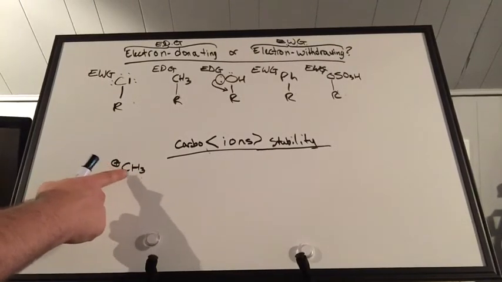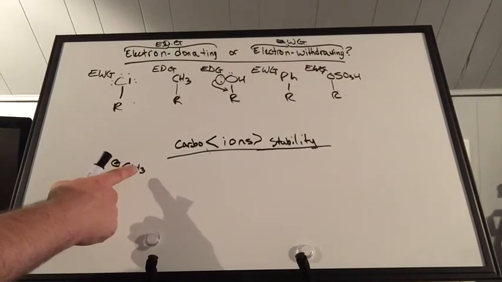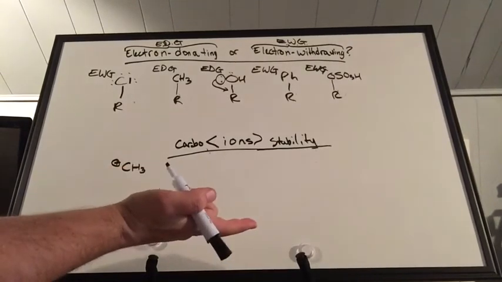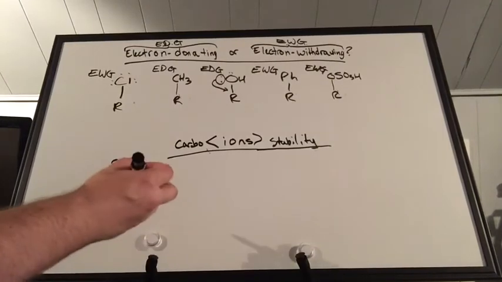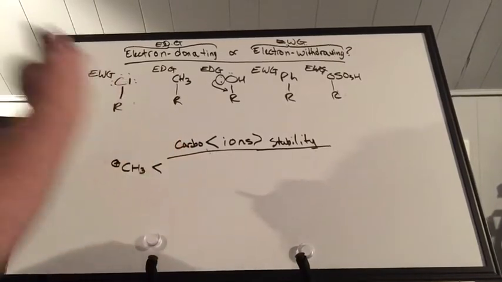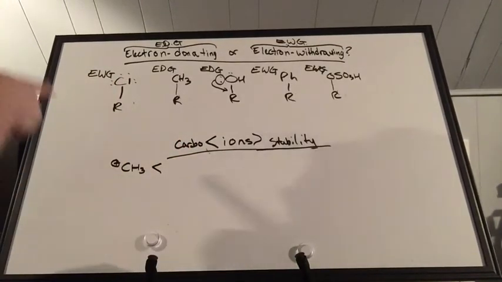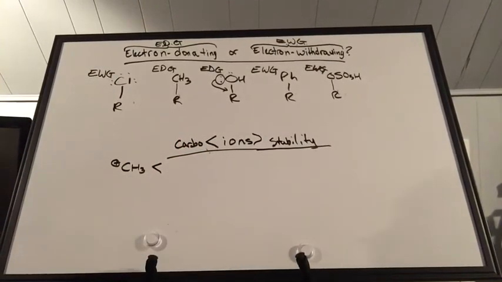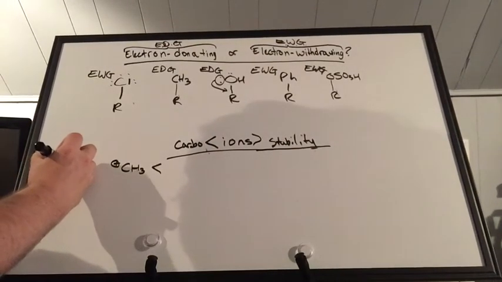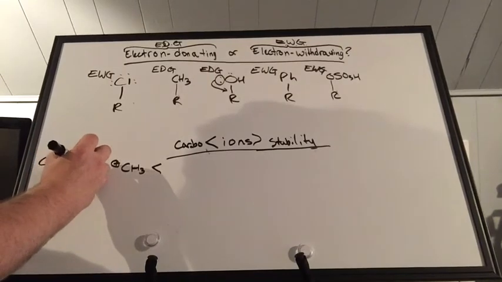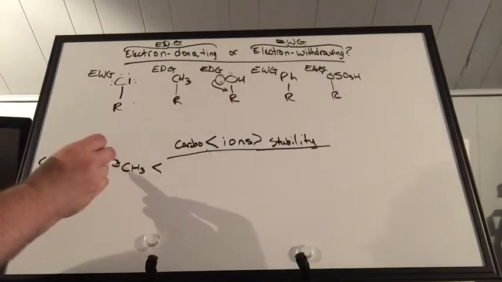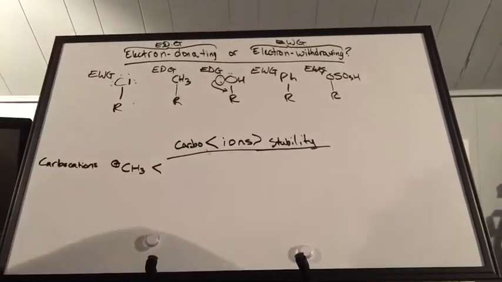It doesn't really have a lot of electrons to throw in and not really anything to take out, because there's only a duet around hydrogen anyway. So this is going to be the most unstable carbocation. Okay, so that plus charge is going to be about the carbon.